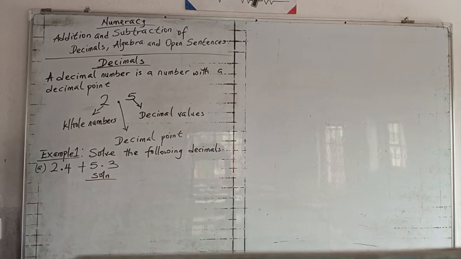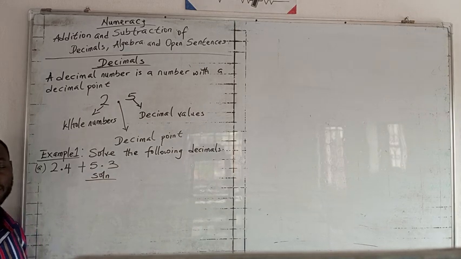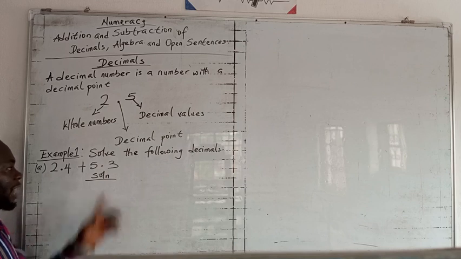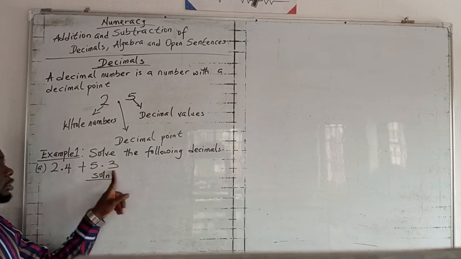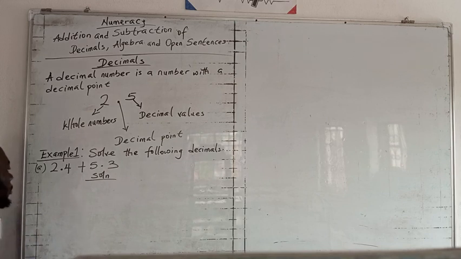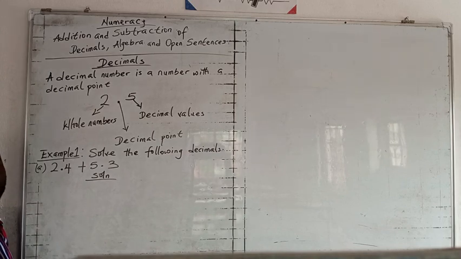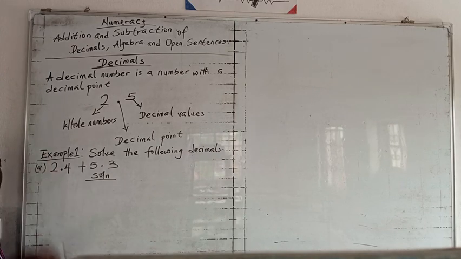Now, in arranging decimal numbers, there is really no point making use of our place value. I've not taught you the place values of decimal numbers, which we will still touch. But in arranging decimal numbers, one thing we need to make sure is that the decimal points are on the same line.